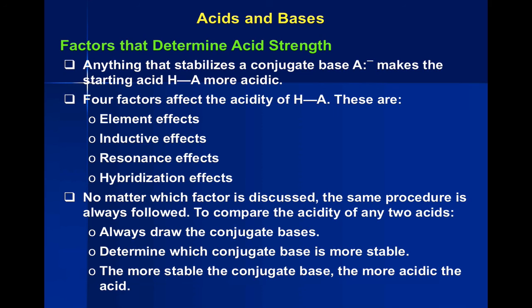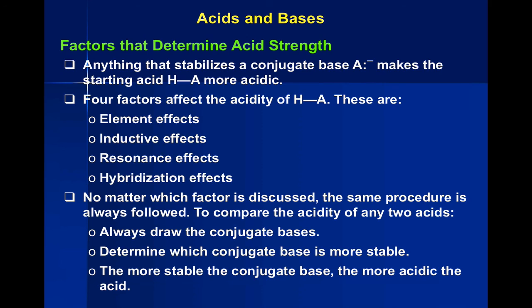So, what makes a strong acid, and what makes a weak acid, and what makes a strong base and a weak base? There are some factors that come into play, but the number one thing that you need to remember is that anything that stabilizes the anion makes the starting acid more acidic.